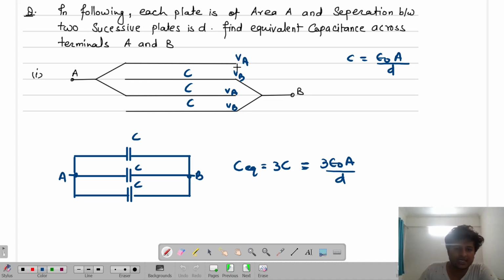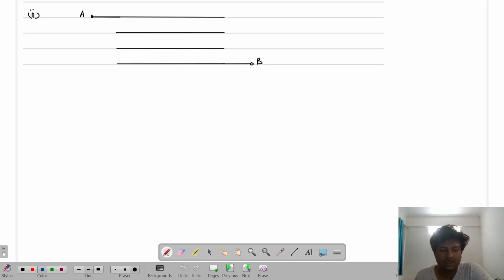When we get connections like VA, VB, VA, VB, means if there is a change in potential, then we can draw the connections like parallel connections, isn't it? Here, this is V of A, this is V of B. How come it is V of B? They are at different potentials. I call it V of M or V of N. Why?